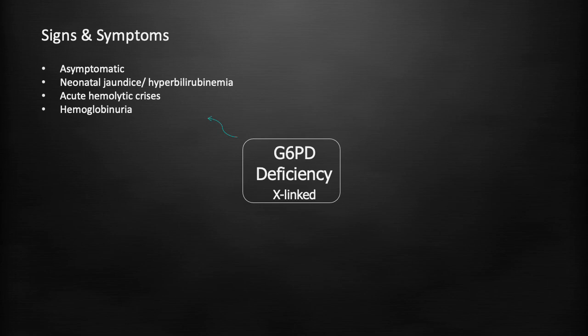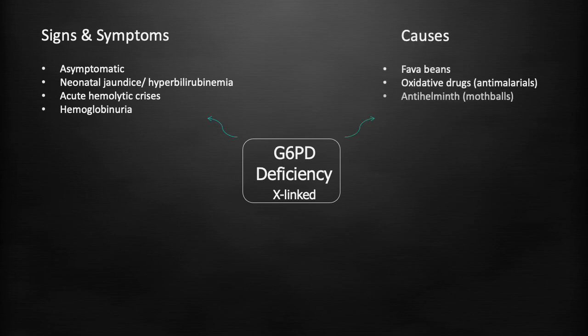But in an acute hemolytic crisis, there could be hemoglobinuria. The causes of G6PD crisis include favism, or the ingestion of oxidative drugs, for example, antimalarials, antihelminthics, or, for example, mothballs, infections, or sulfonamides ingestion.